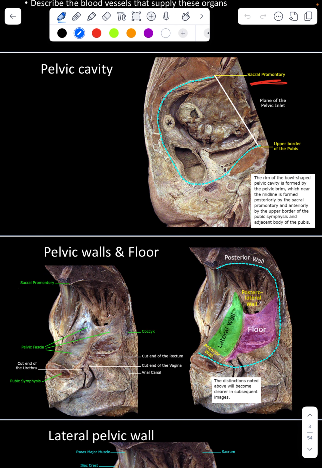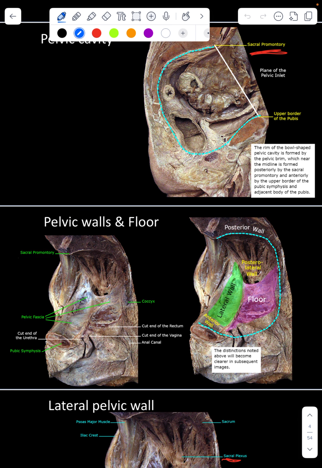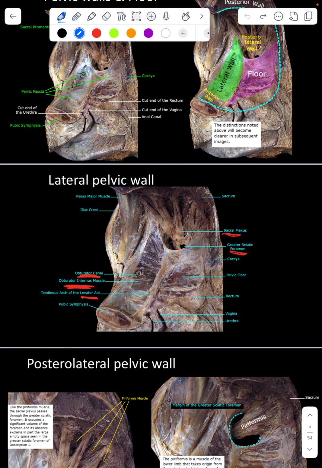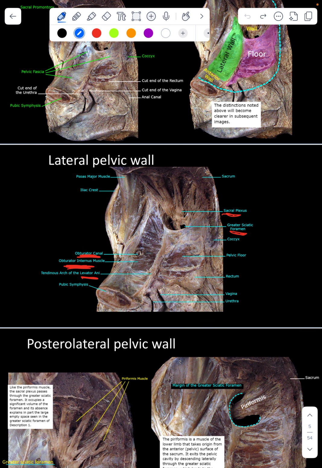So here we saw the sacral promontory, we saw all this stuff. This just shows the walls. We already saw this. This is the lumbosacral plexus going through the greater sciatic foramen. Behind is the piriformis muscle. Oh, this is the obturator internus muscle.